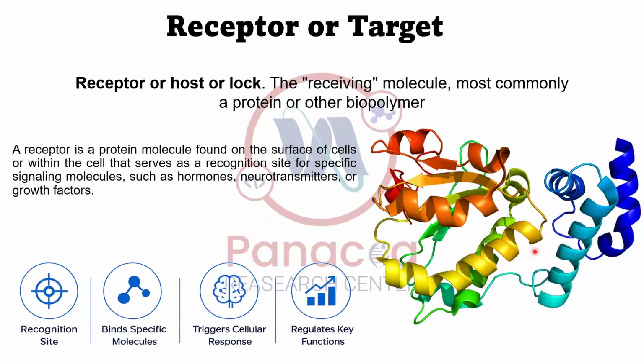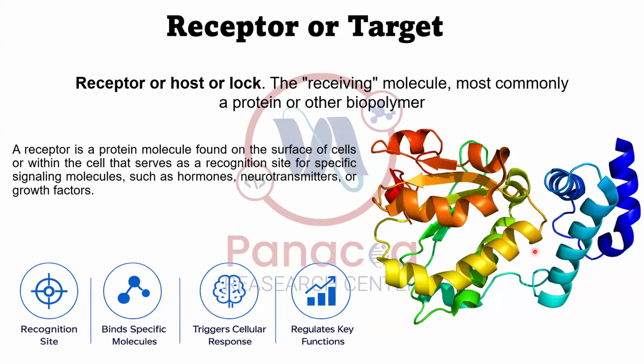So first, we need to understand a receptor. A receptor is a recognition site. It binds specific molecules where our ligand could bind, and we can say receptor, host, or lock, anything.